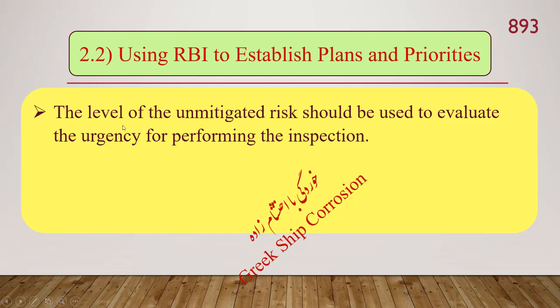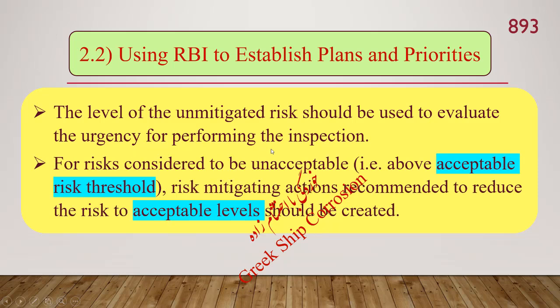The level of the unmitigated risk should be used to evaluate the urgency for performing the inspection. For risks considered to be unacceptable, that is above the acceptable risk threshold, risk mitigating actions recommended to reduce the risk to acceptable levels should be created.